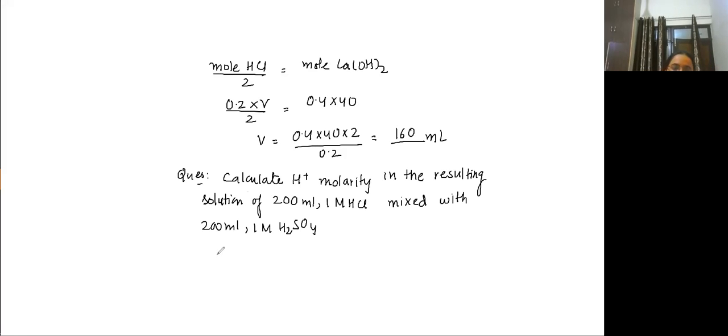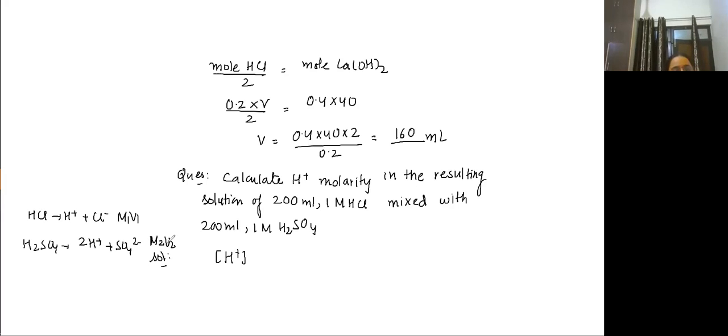How will you find out the concentration of H plus? From HCl, it will be H plus and Cl minus. This is M1, V1, it's given. For H2SO4, it will be 2H plus and SO4 2 minus, M2, V2.